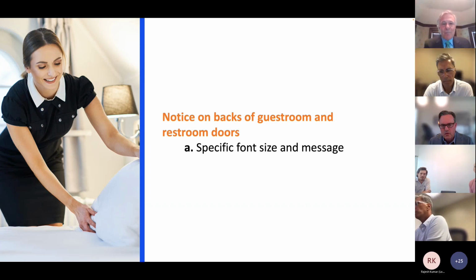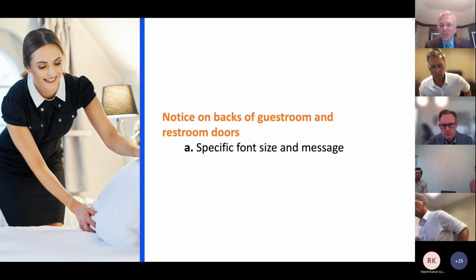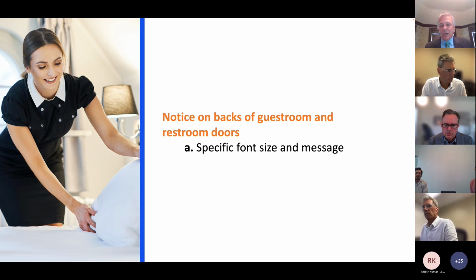Sure. So back to some of the additional requirements in the ordinance. There's a specific requirement that signage be placed on the back of every guest room and restroom door in the hotel. And what's important is that the ordinance specifies the font size and the specific text that needs to be in the message.